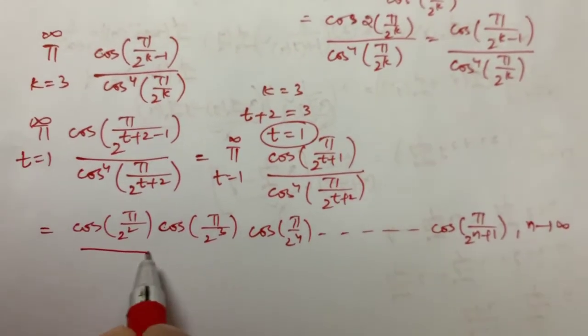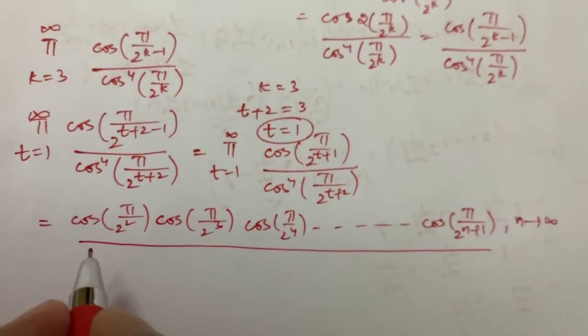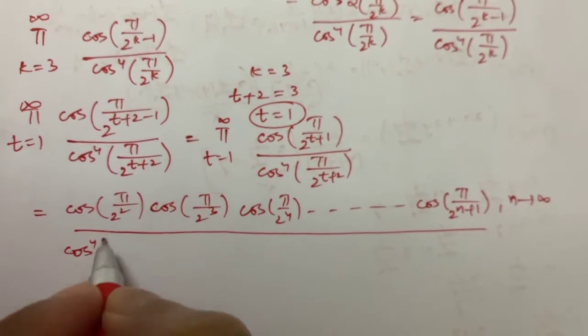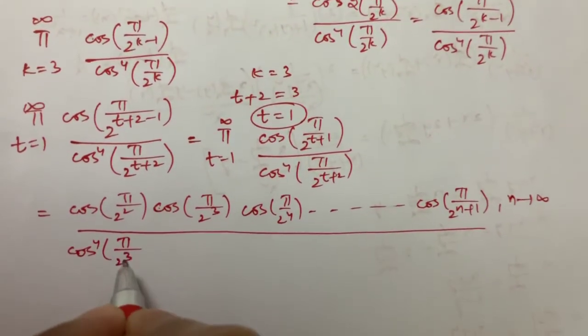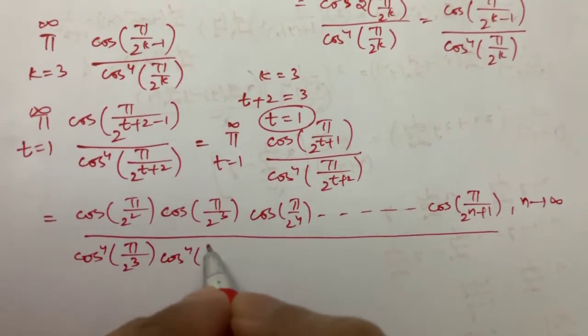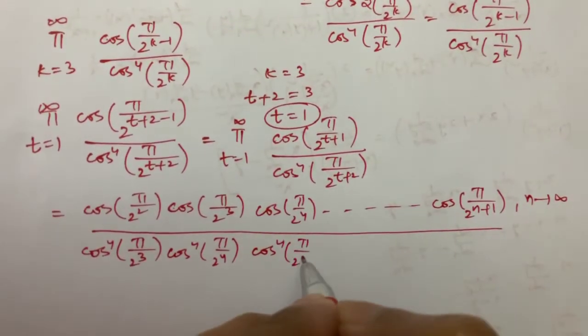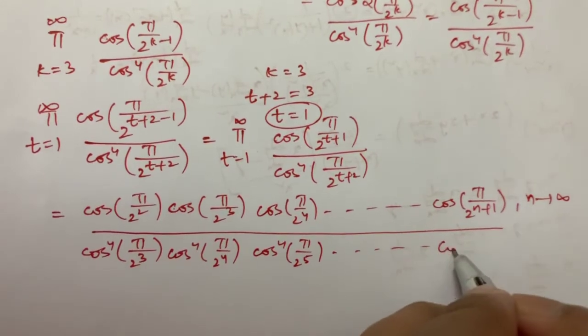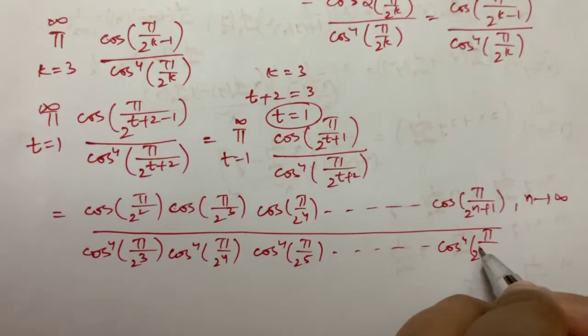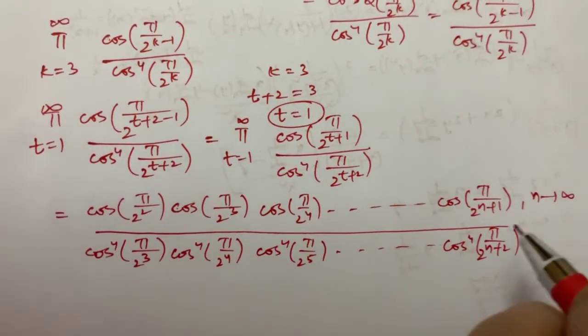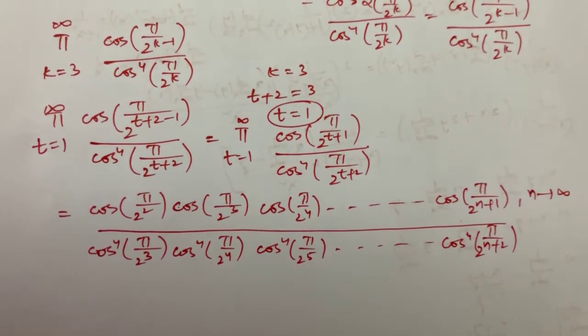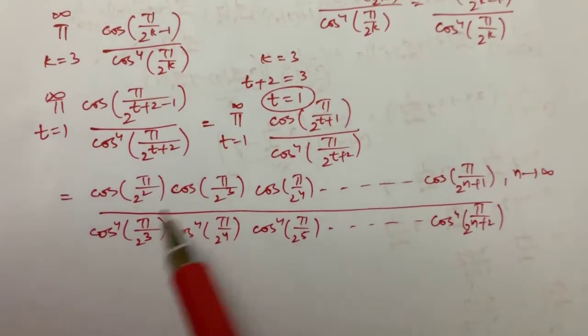So now we'll write the denominator also. If I write the denominator, cos^4(π/2³), cos^4(π/2⁴), cos^4(π/2⁵), like that, cos^4(π/2^(n+2)). Again same, n tends to infinity. So this we have to evaluate now.